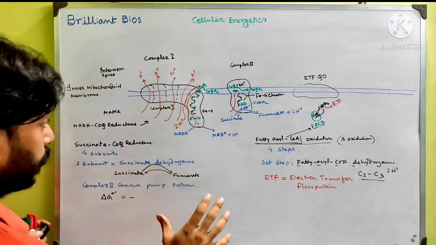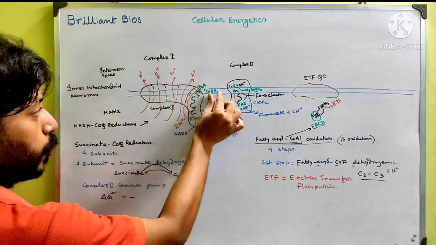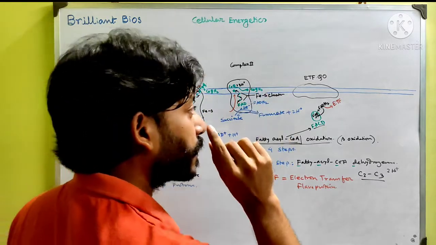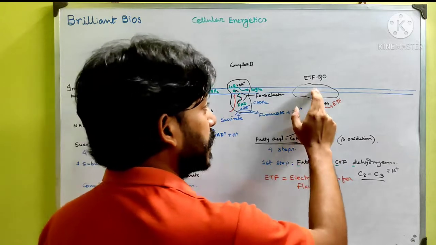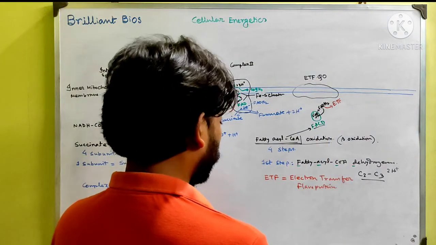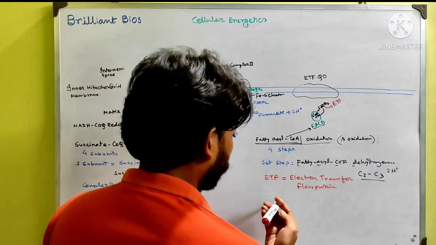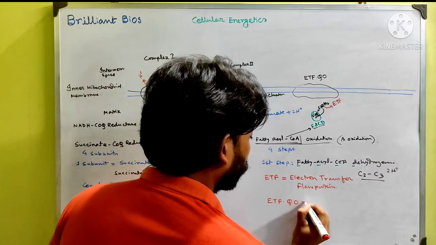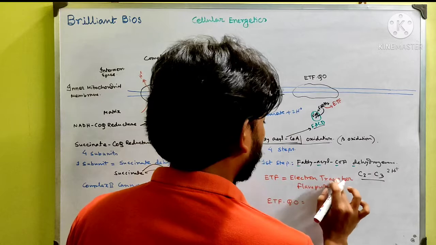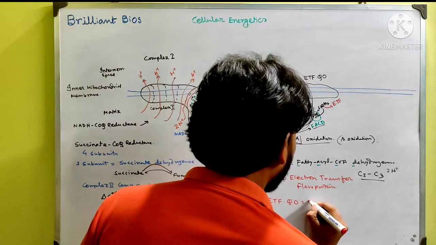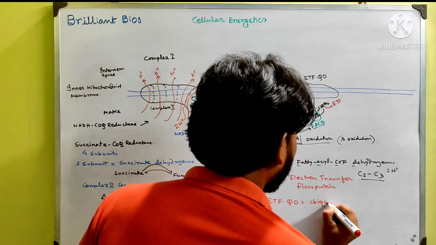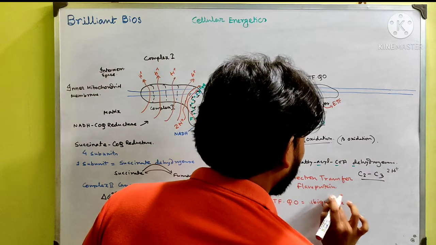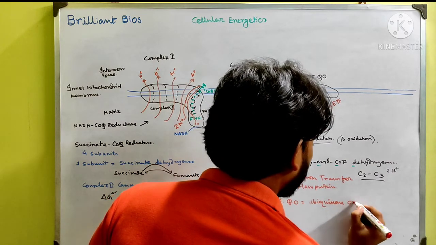So ultimately complex 1 makes CoQH2, complex 2 makes CoQH2, and the same thing occurs by this ETF QO. The full form of ETF is electron transfer flavoprotein, and QO means ubiquinone oxidoreductase.